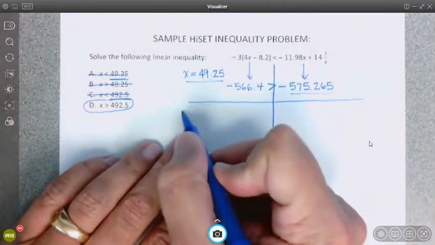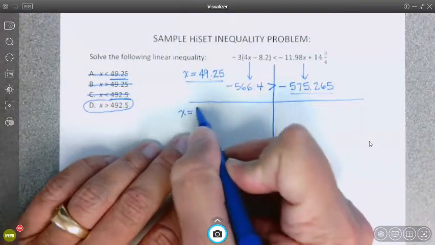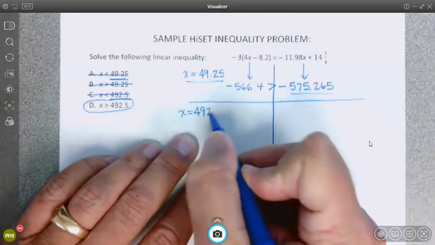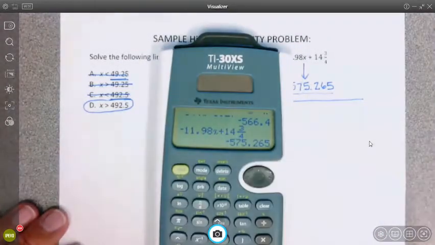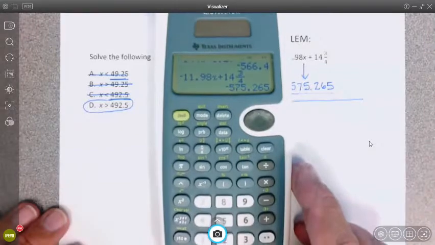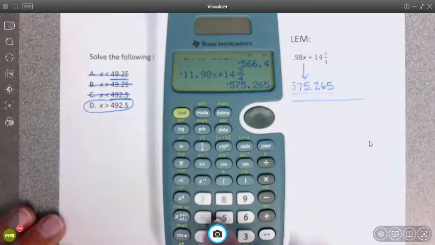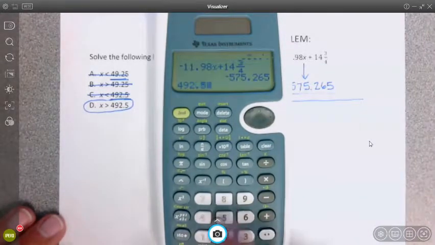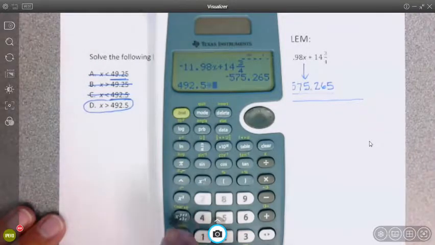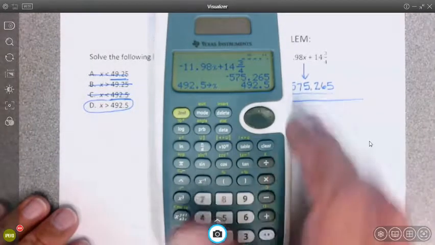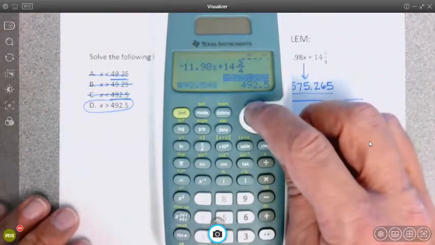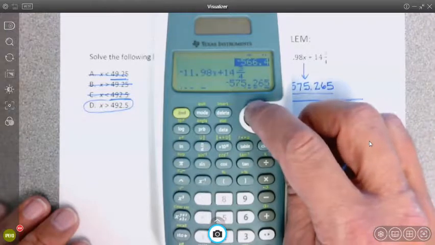So the next thing I'm going to try is let's let x equal 492 and 5/10. Let's plug that into the calculator. I'm going to put that in for the variable value of x. So I'm going to put in 492 and 5/10. I'm going to store that in x. And when I do that, it is now stored in the calculator for the variable value of x. Then I go back up to the two expressions I entered before using the cursor key.